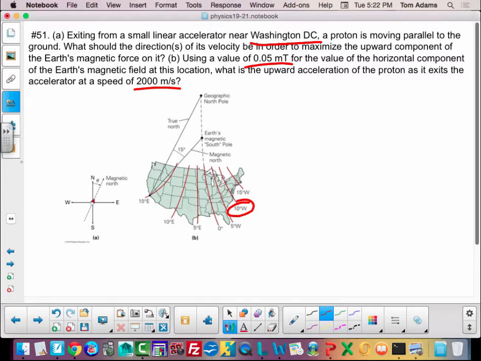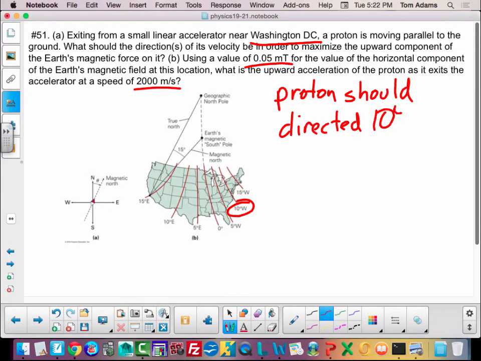So the proton should be directed 10 degrees north of east.